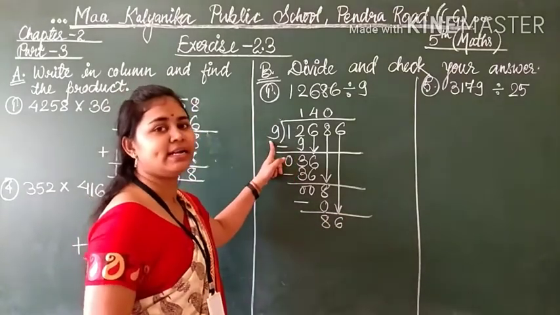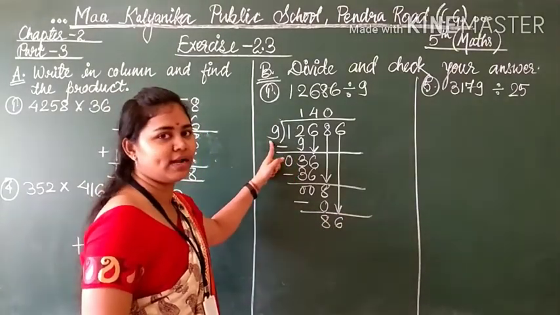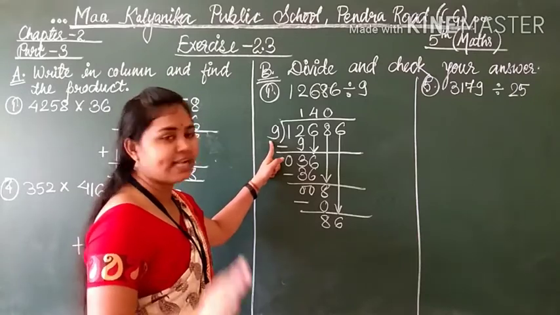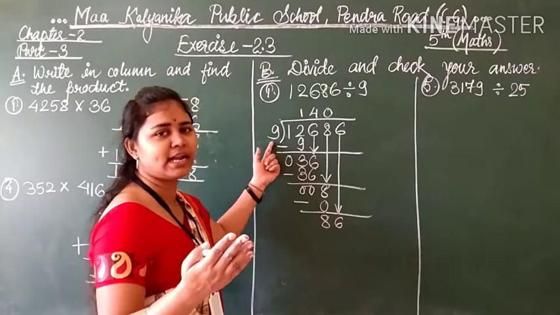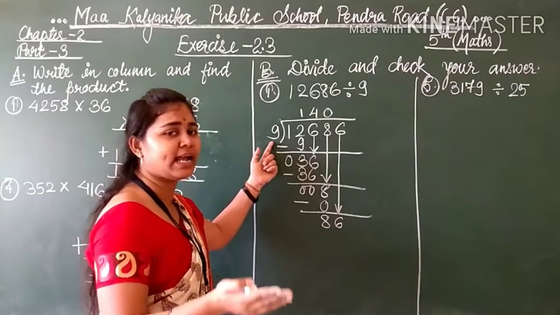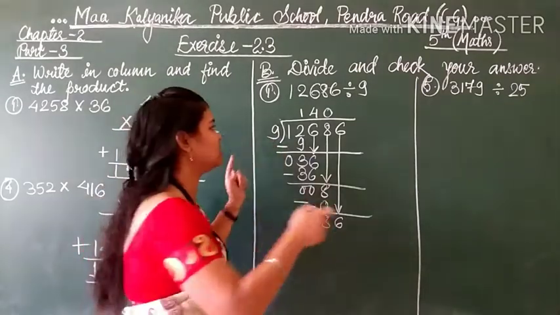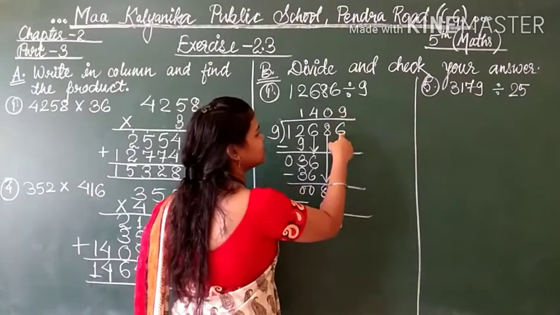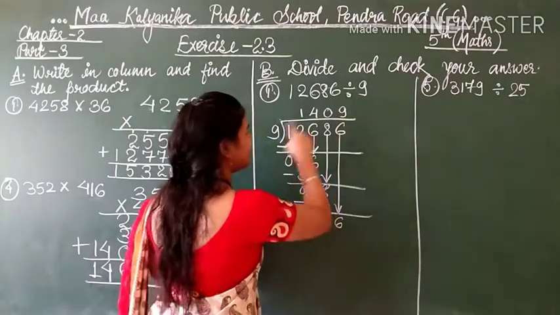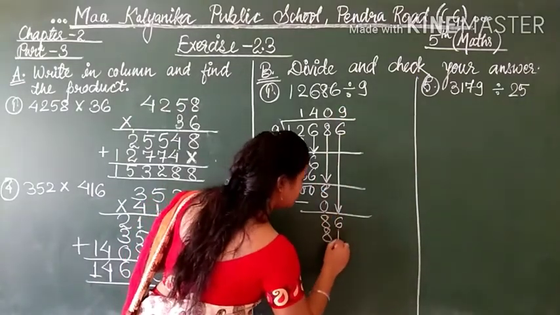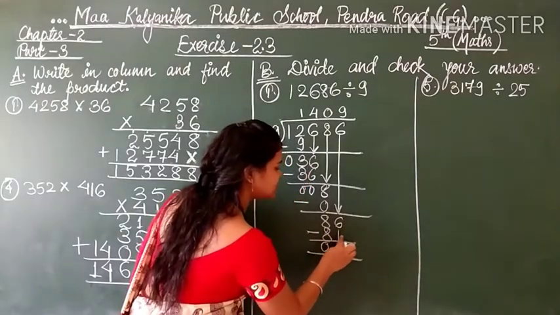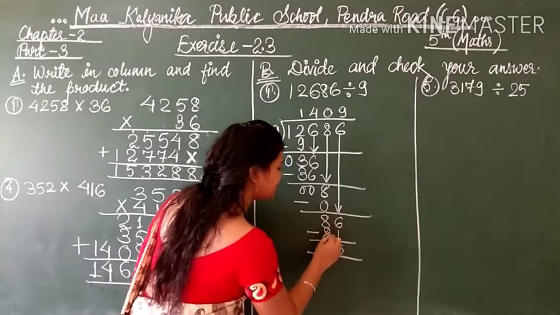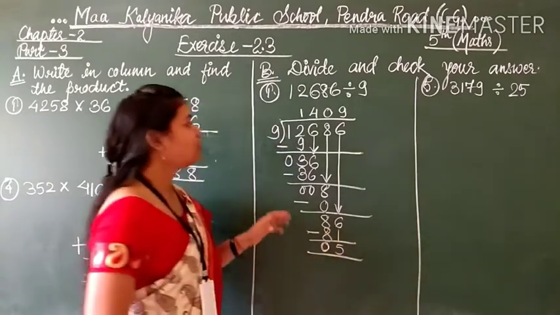Now table of 9. 9 nines are 81 and 9 tens are 90. 90 is bigger, so instead of 9 tens are 90, we will take 9 nines. 9 nines are 81. So the remainder we receive is 6 minus 1 is 5. 8 minus 8 is 0.